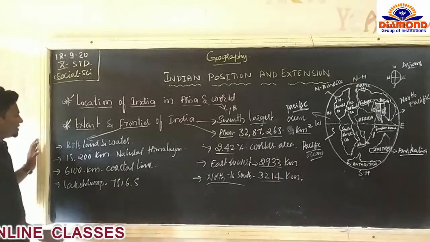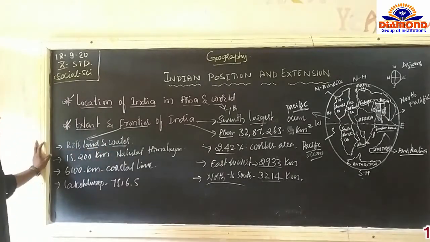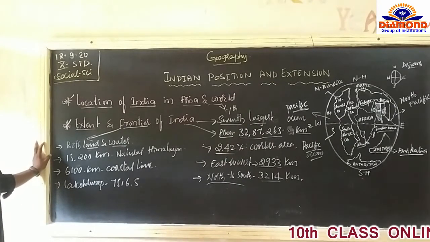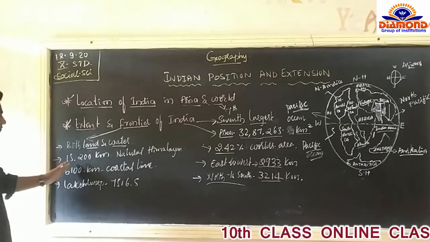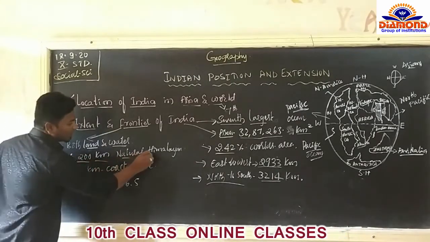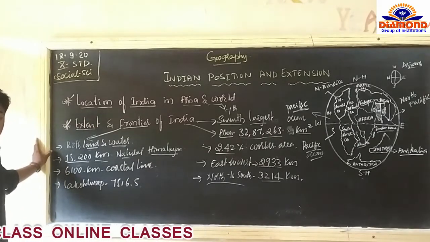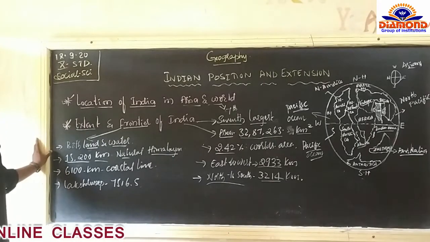The frontier we see both land and water. What do we see in land and water in the Indian country? We have a total of 15,200 kilometers of natural Himalaya.